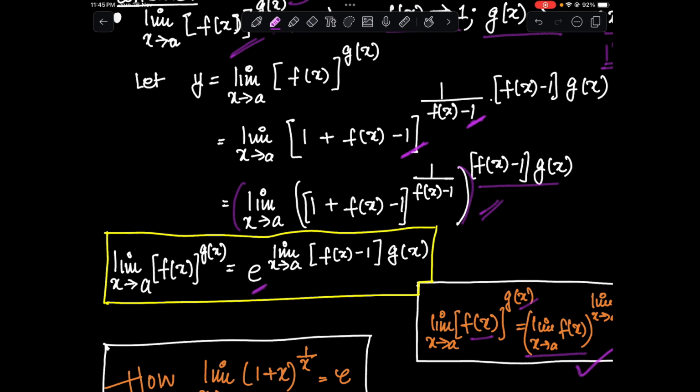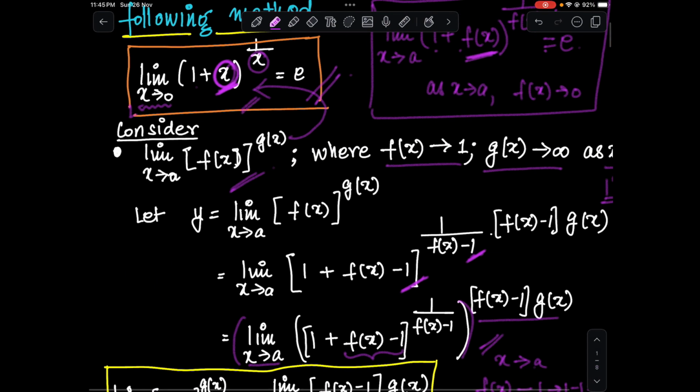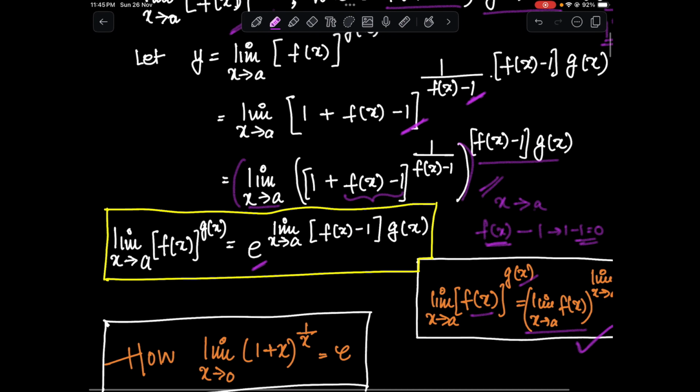It's e. Why? Because f of x minus 1 is going to 0 as x tends to a. You can see as x tends to a, f of x goes to 1. So it is going to 1 minus 1, that is 0. So it is satisfying this condition, and that's the reason I am able to replace it with e.